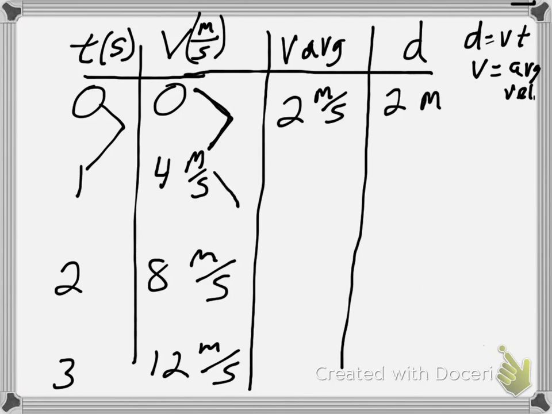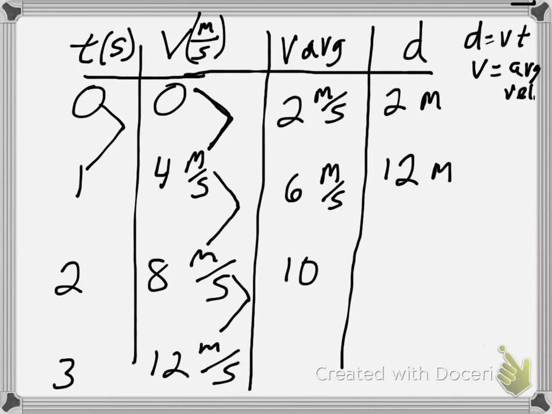The next increment, the average of 4 and 8 is going to be 6, and 6 times 2 is going to be 12. And in the next increment, the average of 8 and 12 is 10.